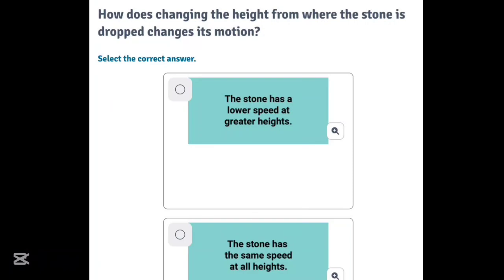How does changing the height from where the stone is dropped change its motion?